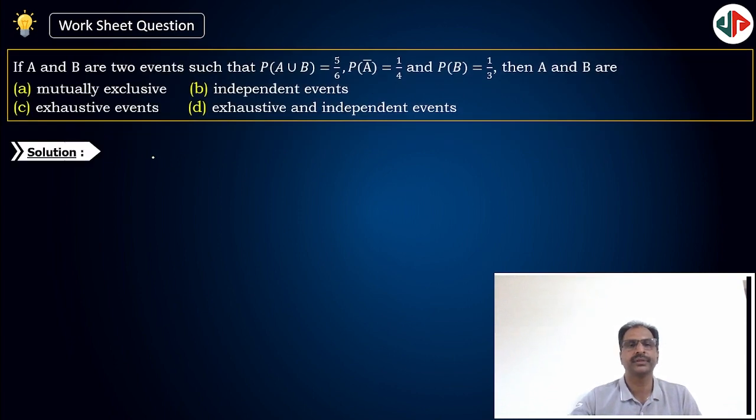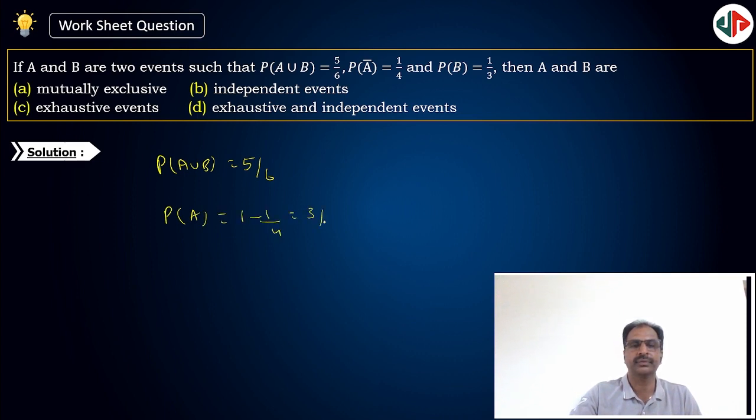A and B are two events such that P of A union B is 5 by 6. P of A bar is 1 by 4. So, P of A will be 1 minus 1 by 4, 3 by 4. P of B is 1 by 3. Then A and B are which type of events?